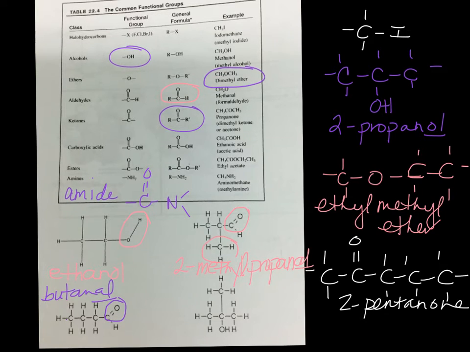The last one, you see an OH functional group on the bottom, and you have your methyl group on the top. I can't circle this, so please circle it on yours. So we know it's an alcohol.